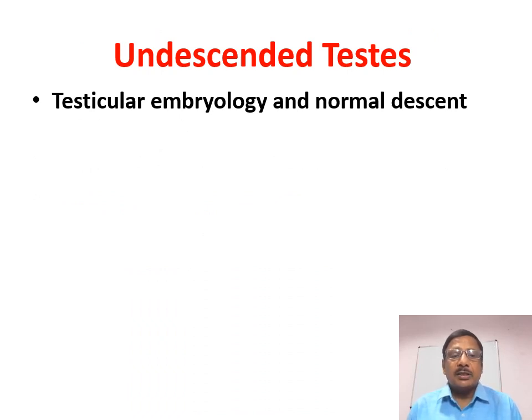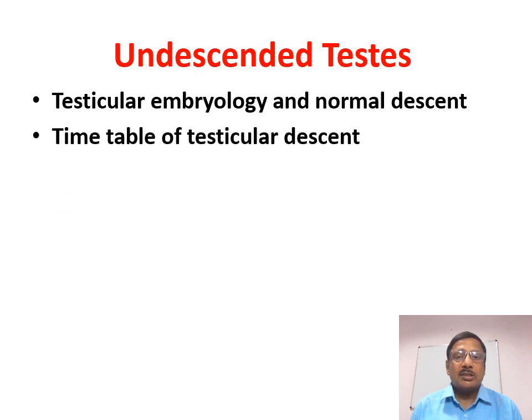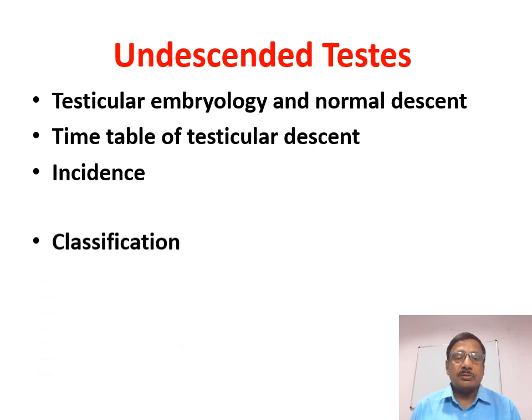Now, undescended testes, under which headings we are going to discuss, you should note it down. Testicular embryology and normal descent, we should know that. What is the timetable of testicular descent? What is the incidence of undescended testes?